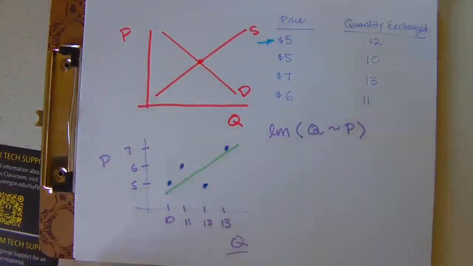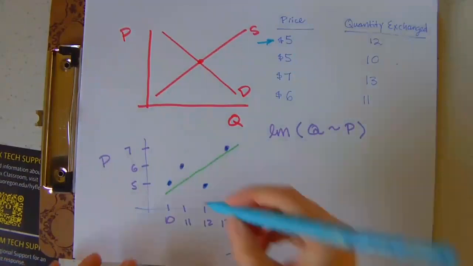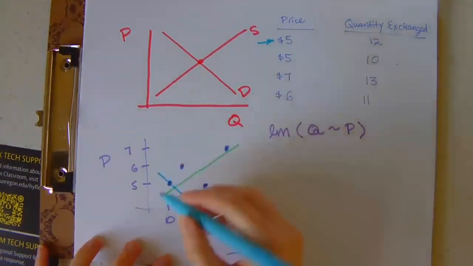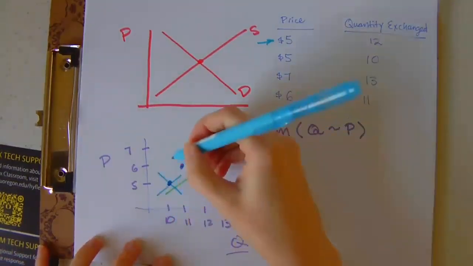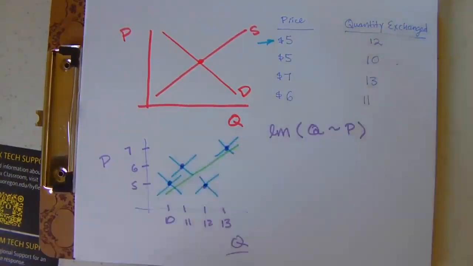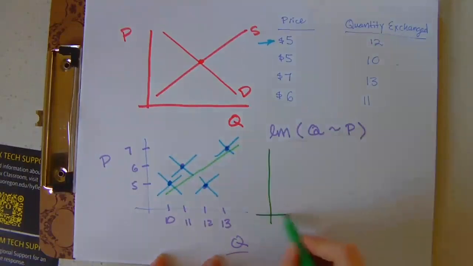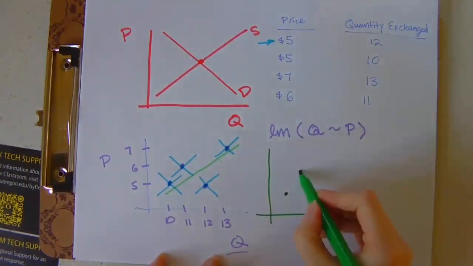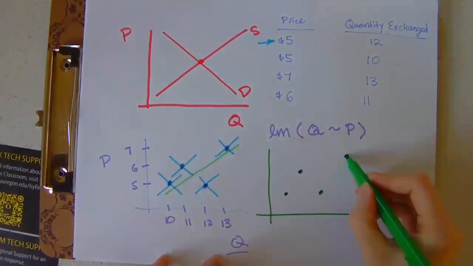So these data points were determined simultaneously by supply and demand. Maybe supply and demand are both about unit elastic. So supply and demand were like this, and at every single data point, supply and demand were shifting a little bit. Or maybe, if I drew again, this is another scenario with the same points in about the same places.